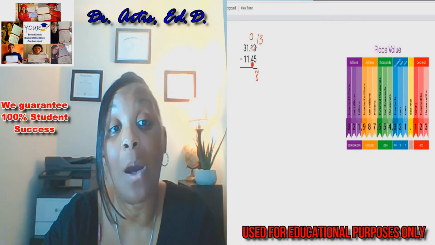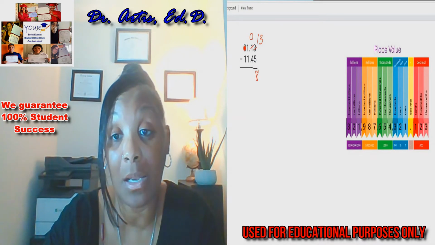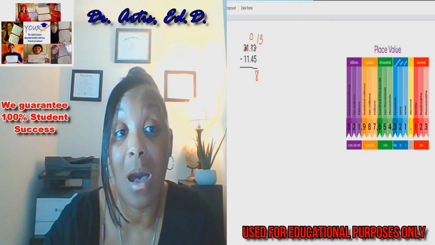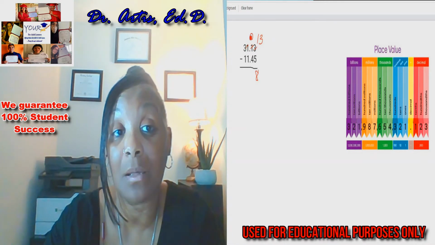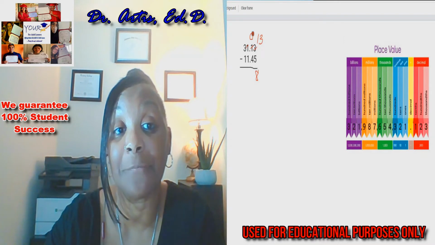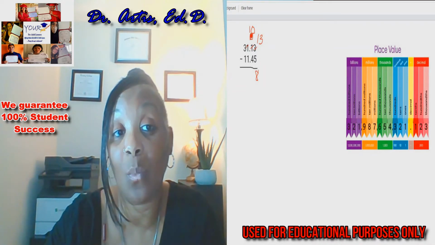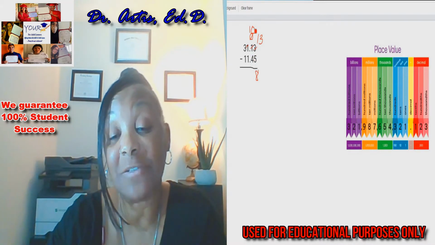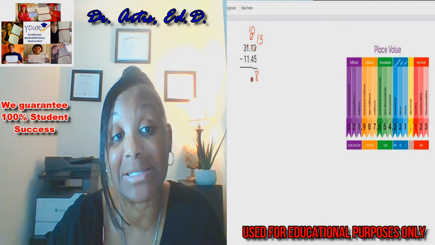So we have to now borrow from the next column, which in this case will be the ones column, and we're going to borrow a 10 from the ones column, which in this case will give us 10. So we can take away 4 from 10 because 10 is a larger number than 4. When we subtract 4 from 10, we get 6.